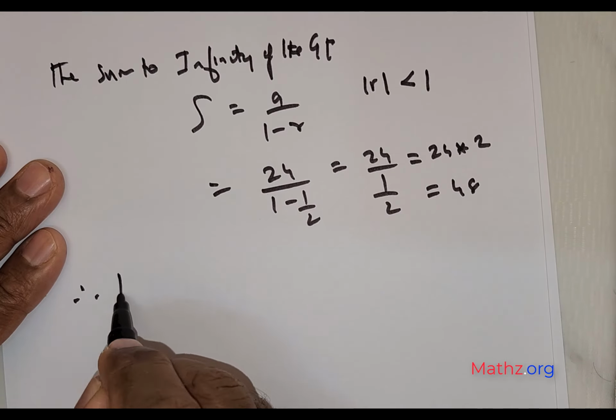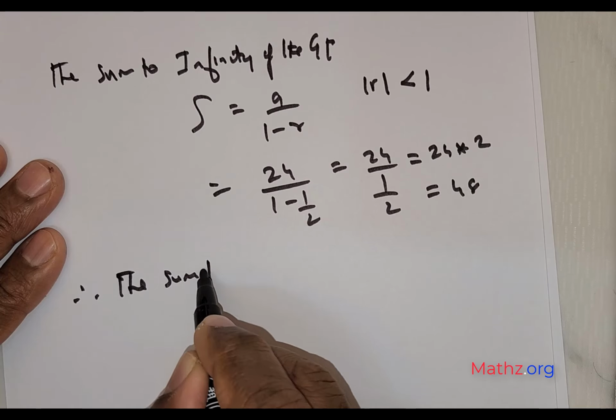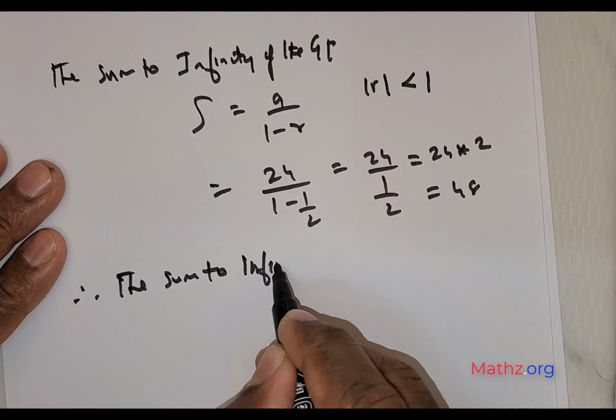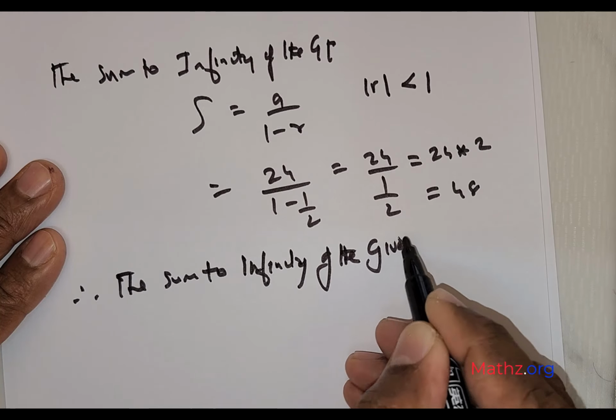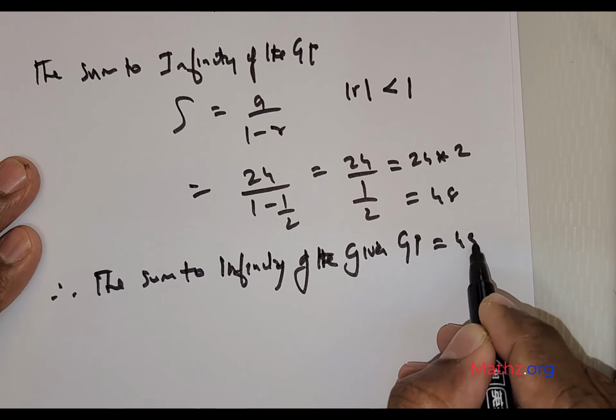So write the conclusion. Therefore, the sum to infinity of the given GP is 48.